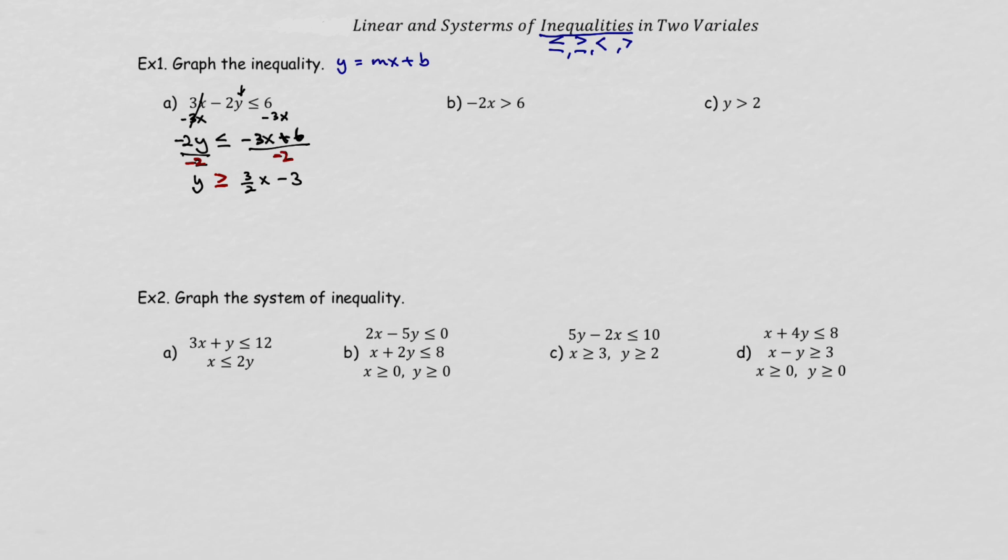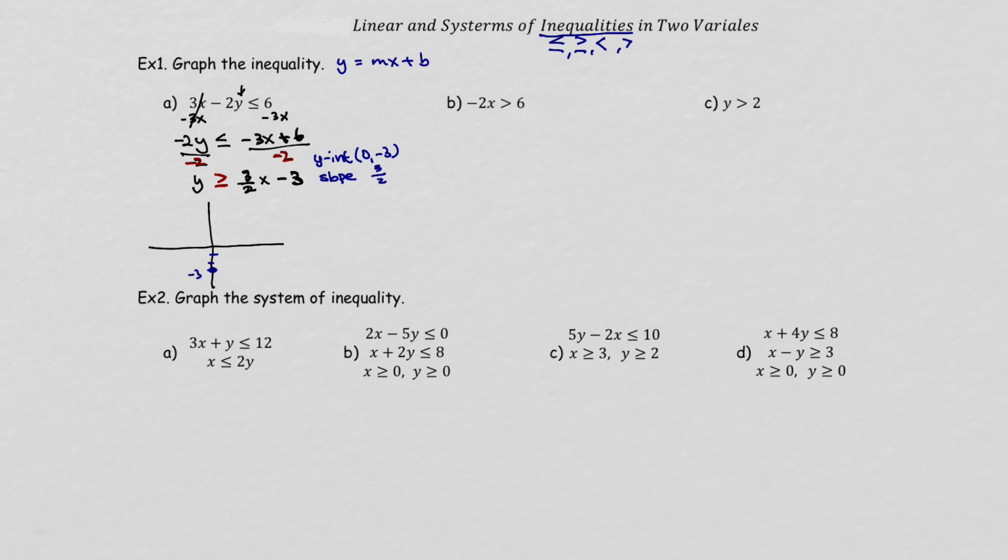So if I want to graph this, I will have a line that passes through negative 3 as the y-intercept and 3 over 2 as the slope. That means your line will pass through negative 3 on the y-intercept, so it will be 1, 2, 3. This point right here, negative 3.